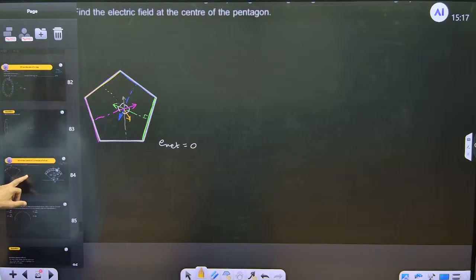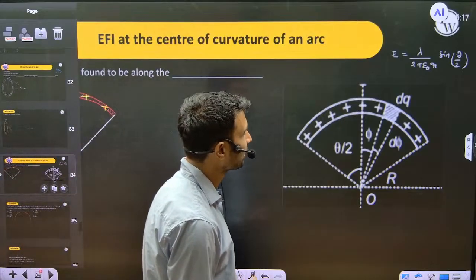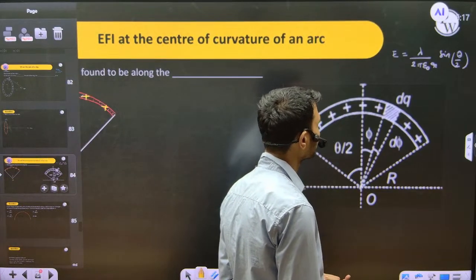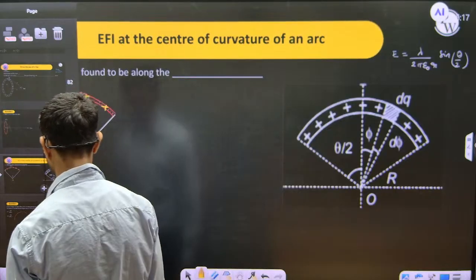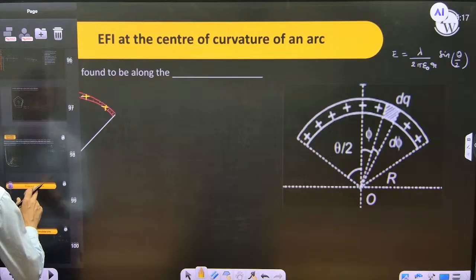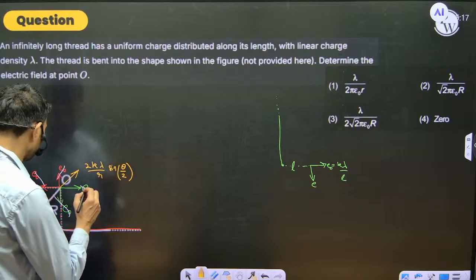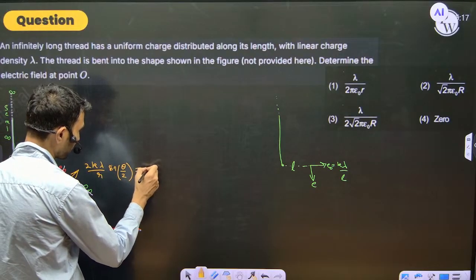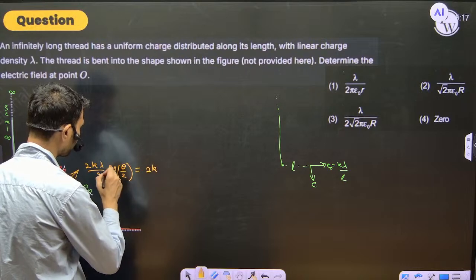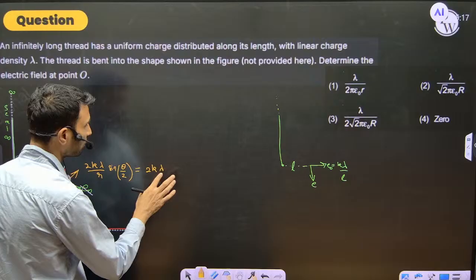Here it is. This is the formula, 2k lambda upon r into sine of theta by 2, right? Same formula we're getting here also. And we can simply simplify it. We can put the values.